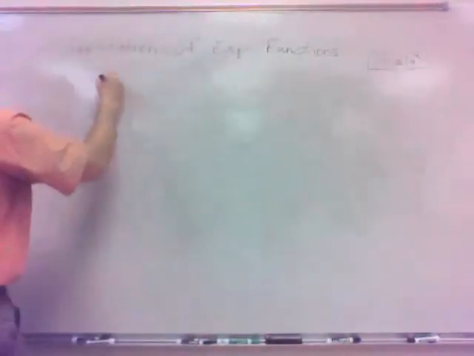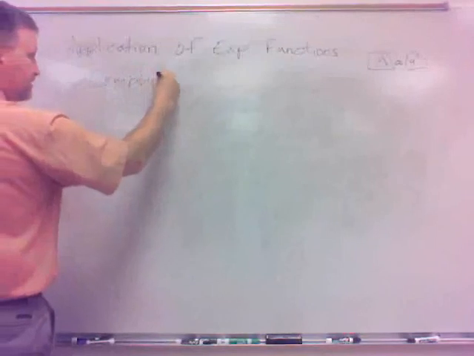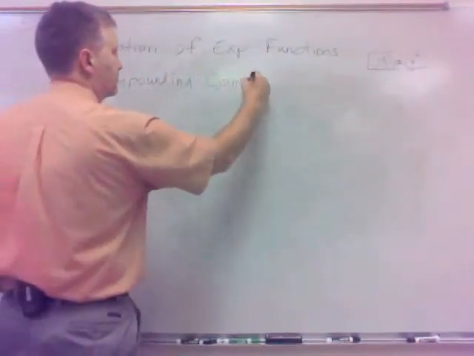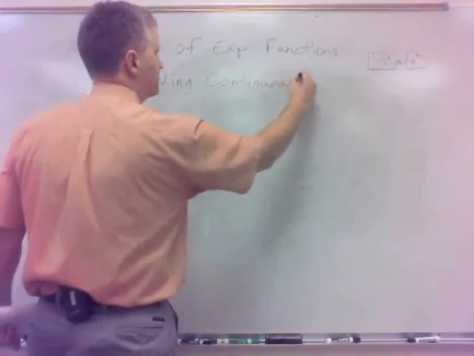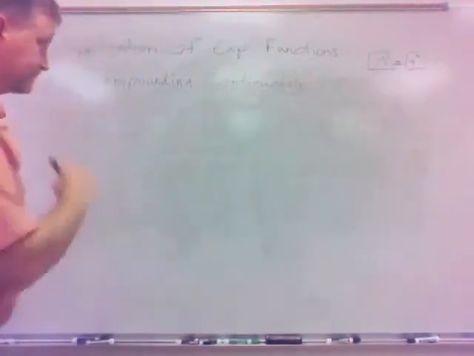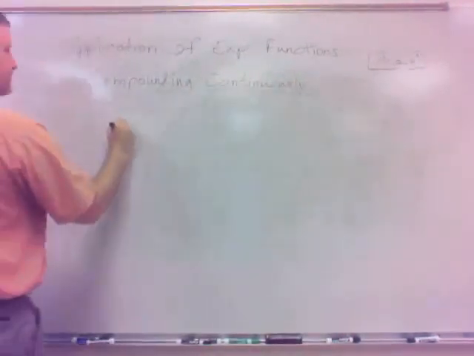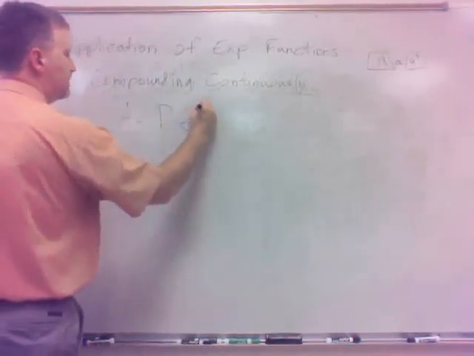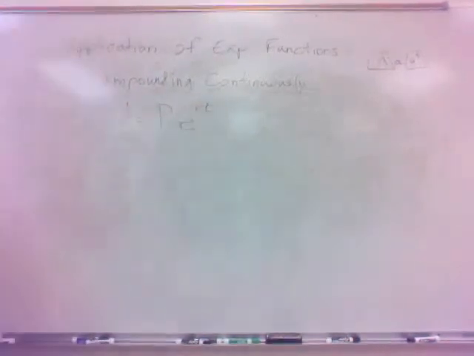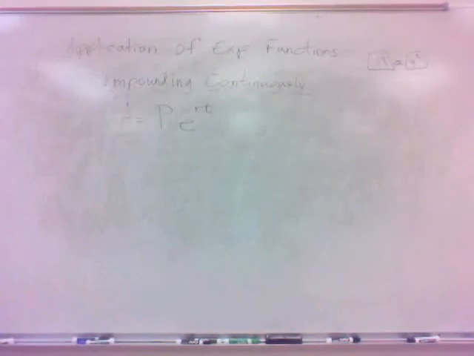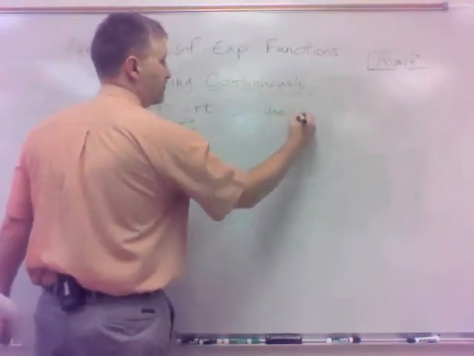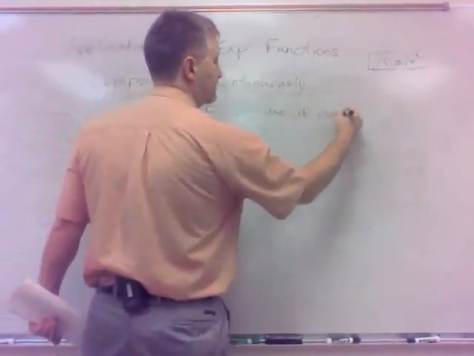There is another for compounding continuously. And its formula goes A equals P e to the RT. It shortens up quite a bit if you have compounding not monthly, not quarterly, but continuously. Use this formula if compounding continuously.